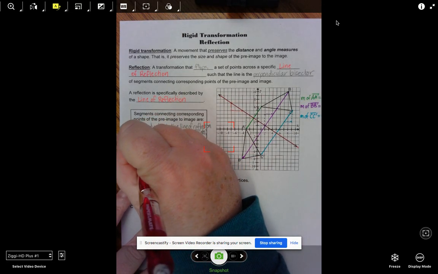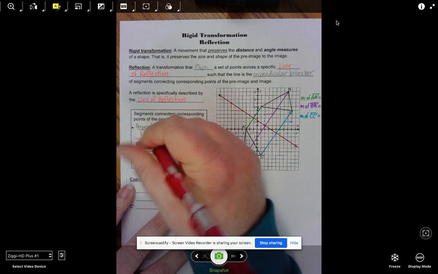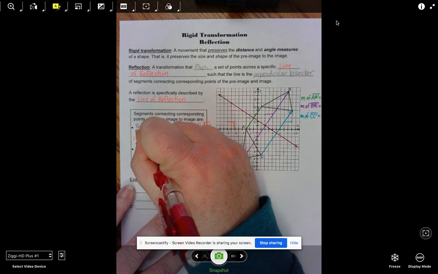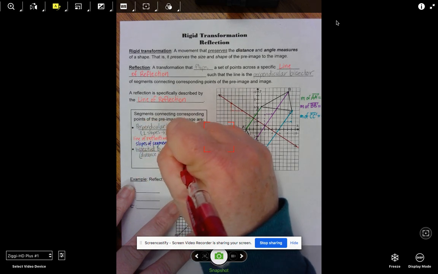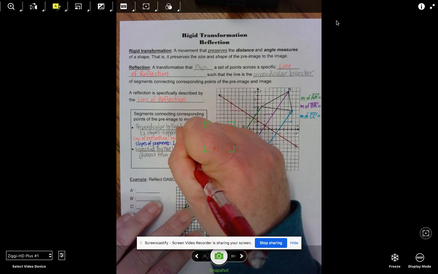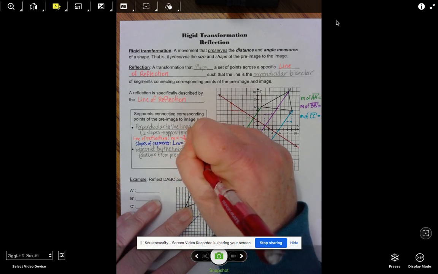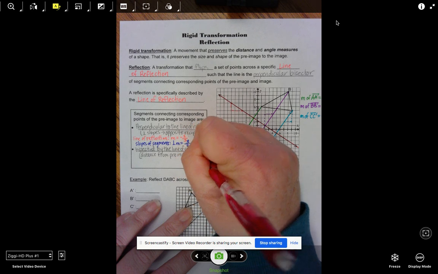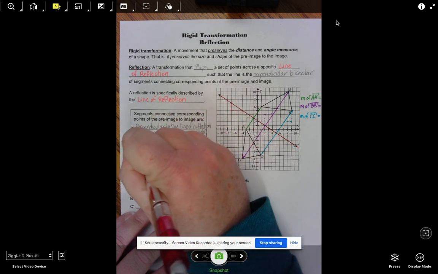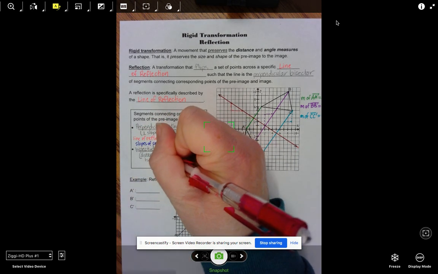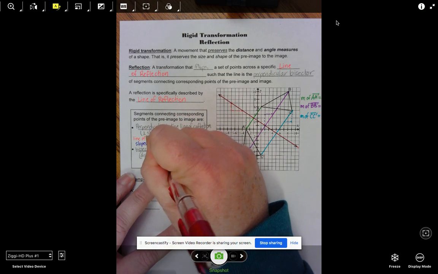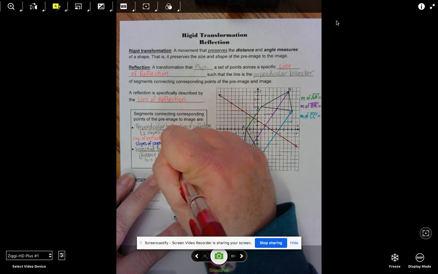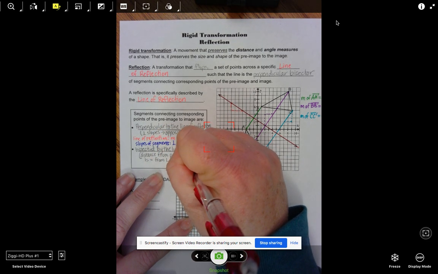So basically, I can check distance in two ways. So from pre-image to line of reflection is equal to the distance from line of reflection to the image point.